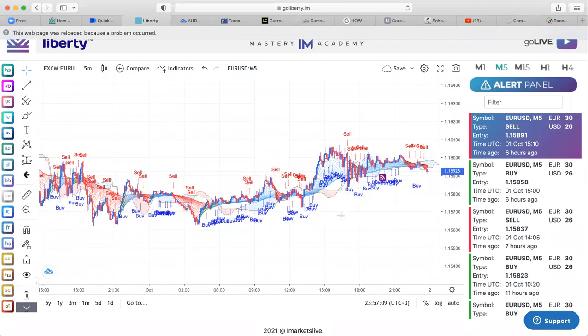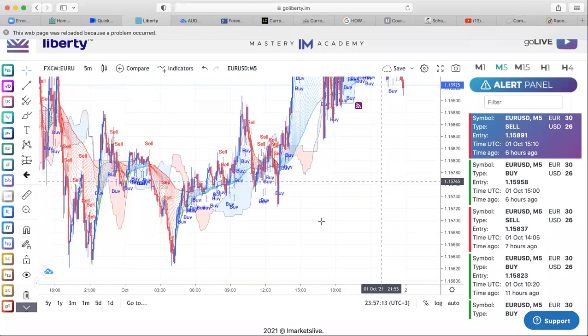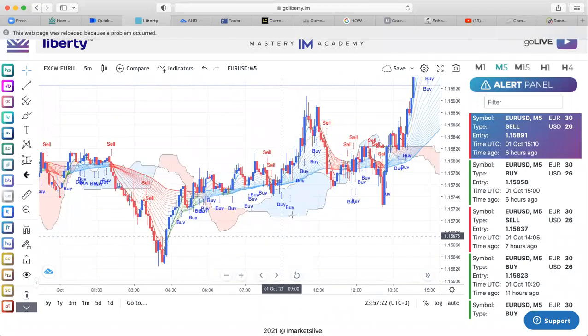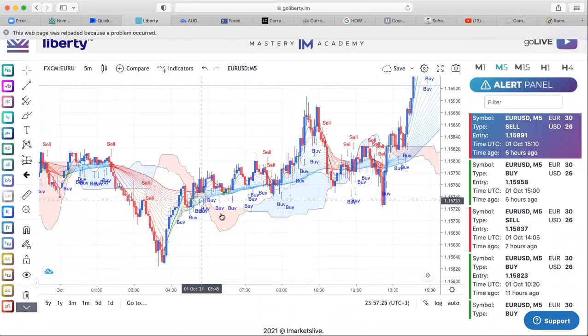So like I said, when trading with the Webslinger, we have two types of clouds: the blue cloud and the red cloud. The blue cloud indicates that the market is about going for a buy.